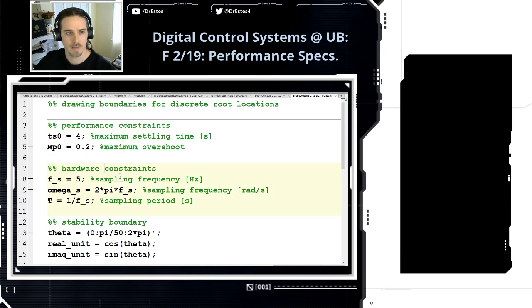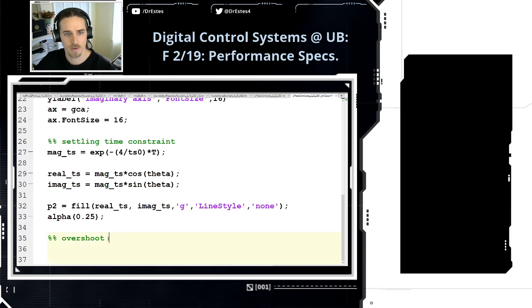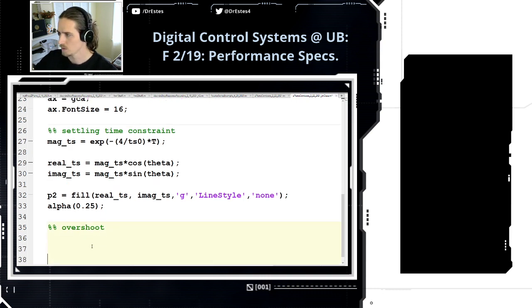Okay, so we made that. And now we're going to edit this. First, I'm going to call this zeta for the overshoot. And this is going to be corresponding to zeta naught that we had in the notes that we just made.